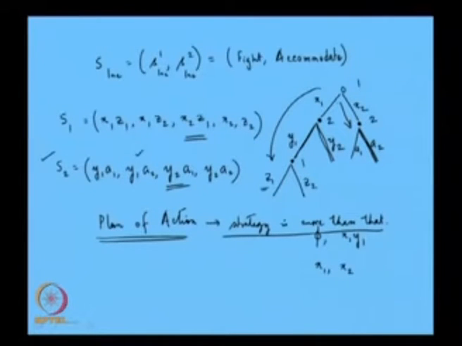So, it is immaterial whether the x1 y1 history materializes. Player 1 has to mention what his action is going to be if x1 y1 is the history.